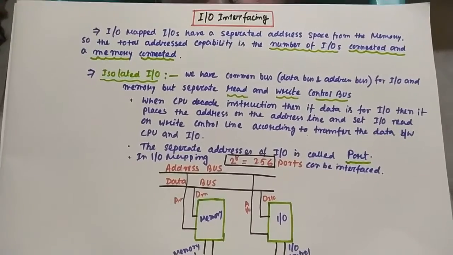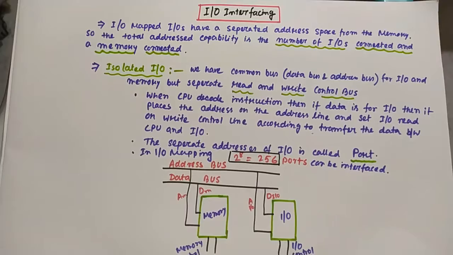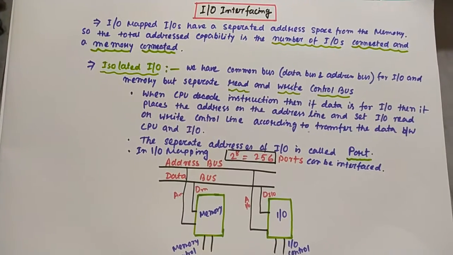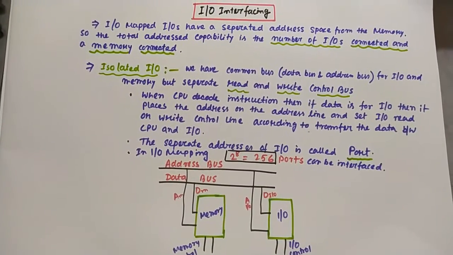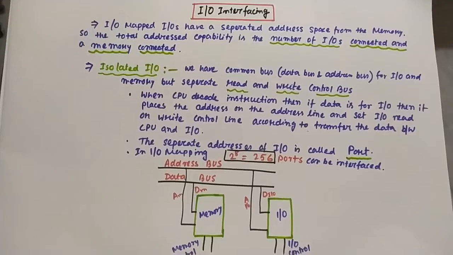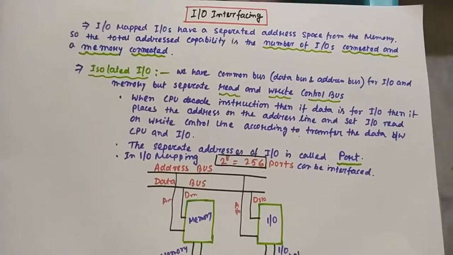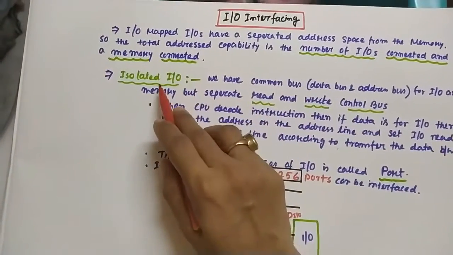In input-output interfacing, mainly the number of input-output devices connected and the memory connected is the actual capability of the interfacing. We can get isolated input-output interfacing.